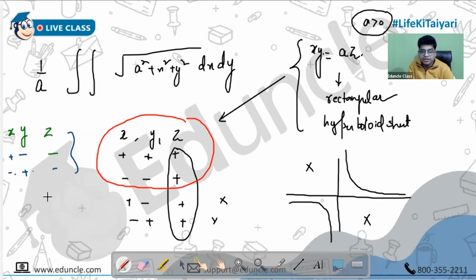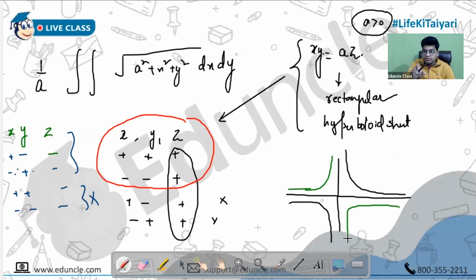If you take positive, positive, negative, negative, not possible. So it means for z positive, you have this graph, and this is called z negative. For z negative, you have this graph. Just think, in 3D, the green graph is on the bottom side, and the black graph is on the upper side. It means you have to multiply. Yes. Yes or no? Am I clear?